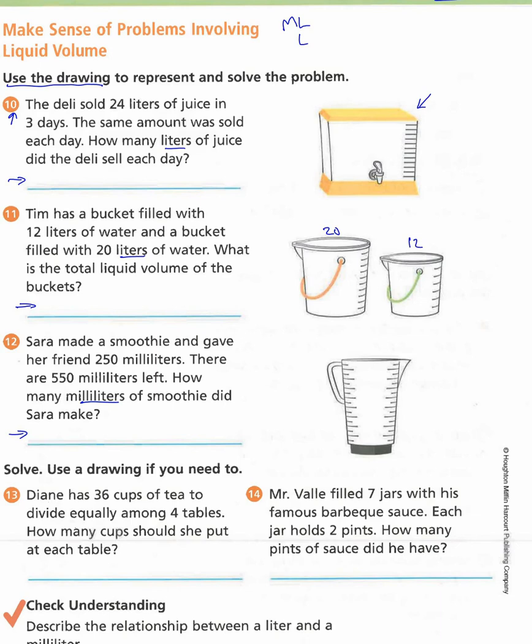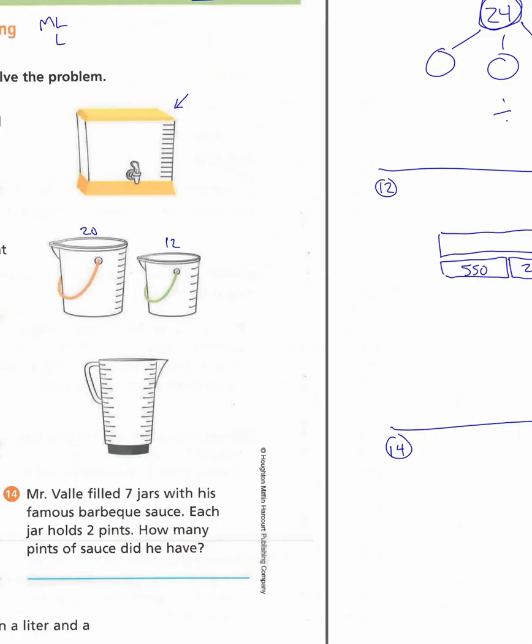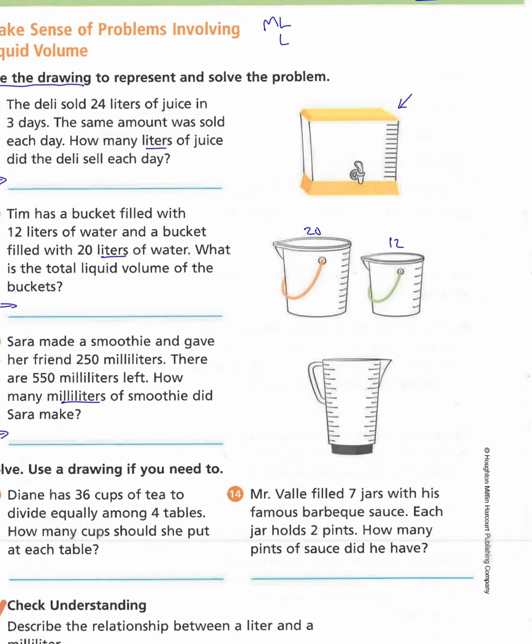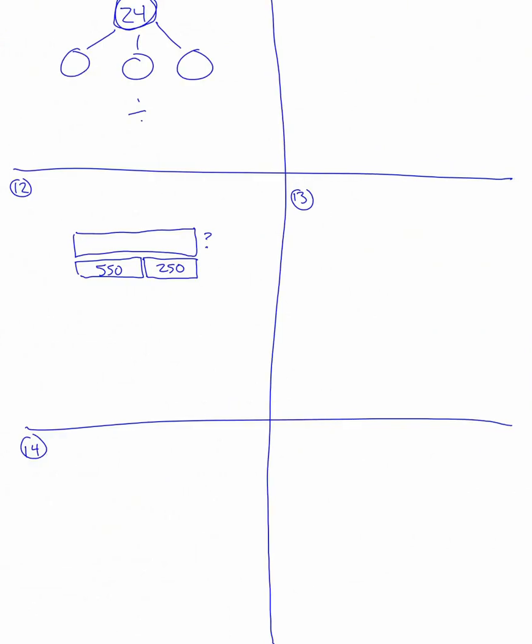All right, number 13 says Diana has 36 cups of tea to divide equally among 4 tables. How many cups should she put on each table? So if we come back over here, what were the numbers? 36 and 4. Sorry, I'm making you dizzy. So again, this is our model. She starts with 36, and it literally tells us she's dividing those up amongst 4 tables.